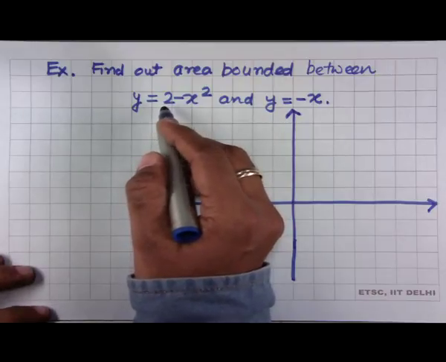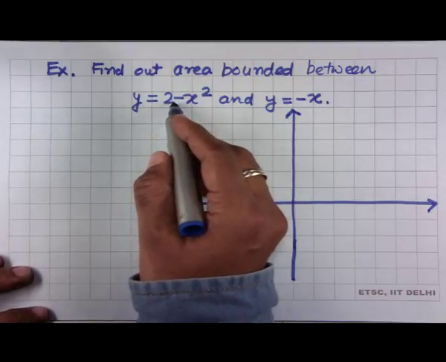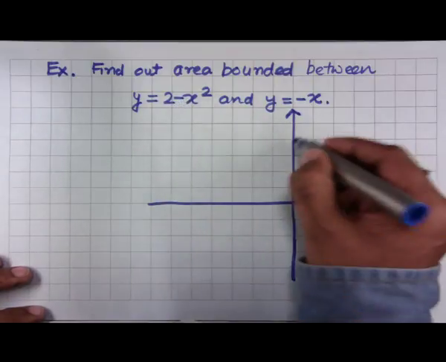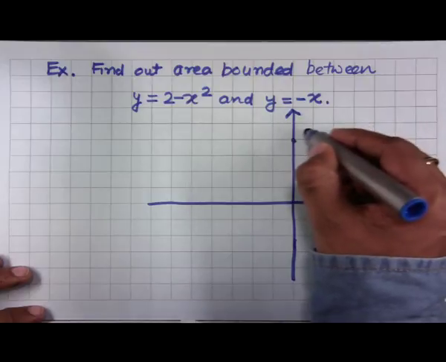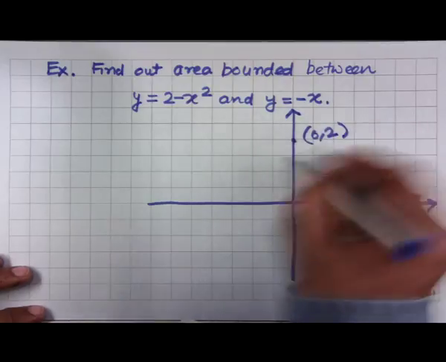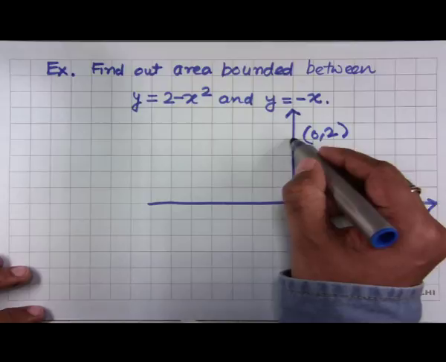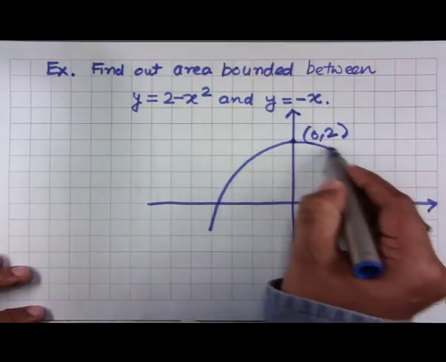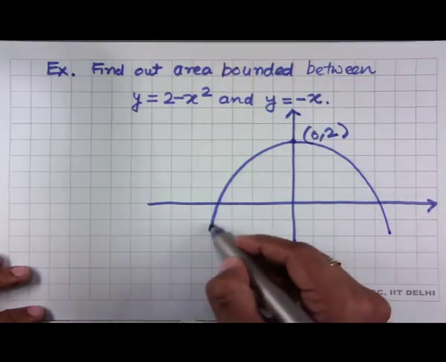This represents a parabola, an inverted parabola, whose vertex is (0, 2) and axis is the y axis. So, you will get this parabola.